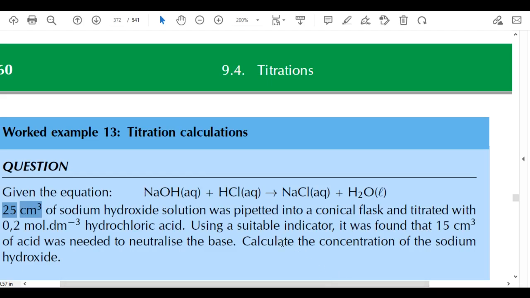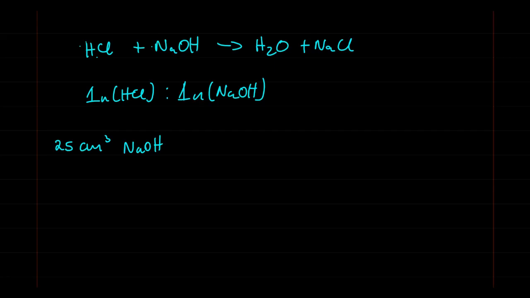So calculate the concentration of the sodium hydroxide. The other information that they've given us is 0.2 mole per decimeter cube of HCl.